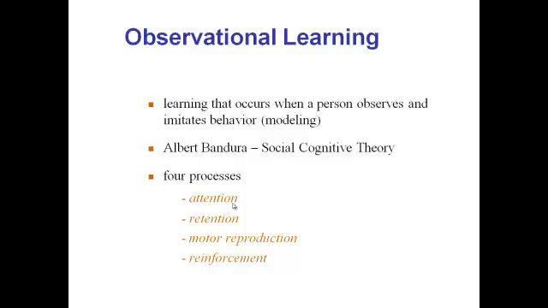Well, now, after giving it a good try, tying the shoe, maybe not a great job, but tying it for the first time, now mom and dad cheer, yay, you tied your shoe. That's the reinforcement from it. So, this is the process of observational learning. You attend to it, you retain it cognitively, you put it into action, reproduce it, and then you get reinforced for it. And this is how we learn through observation.